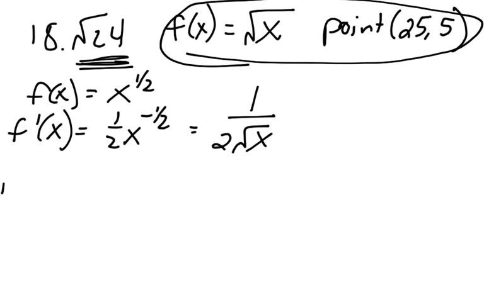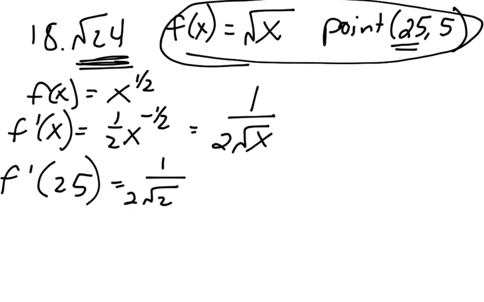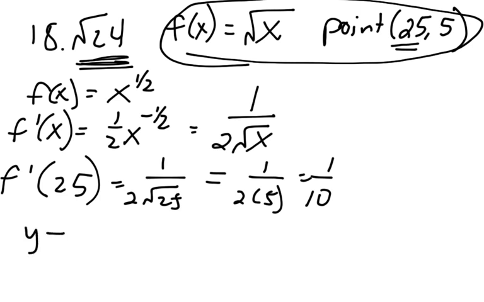And then f prime of 25, plugging that x coordinate in, will be 1/2 times the square root of 25, which is 1/2 times 5, which is 1/10. So I'd have the equation y minus 5 equals 1/10 times x minus 25.